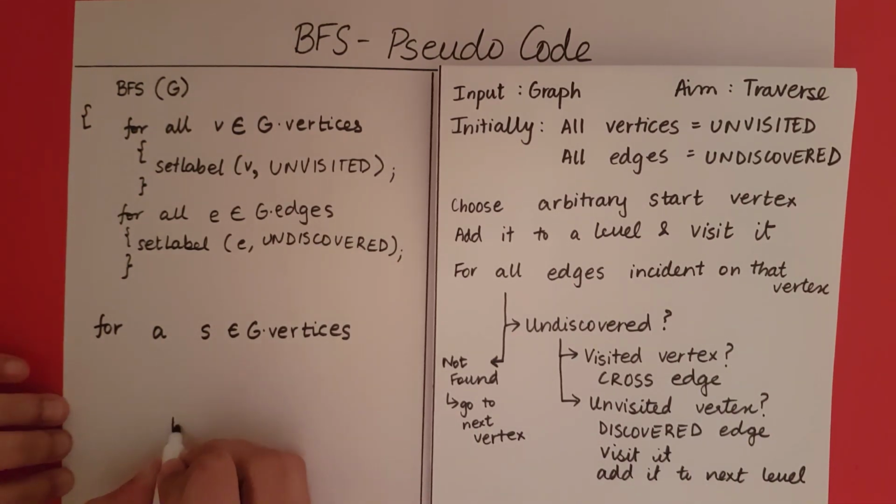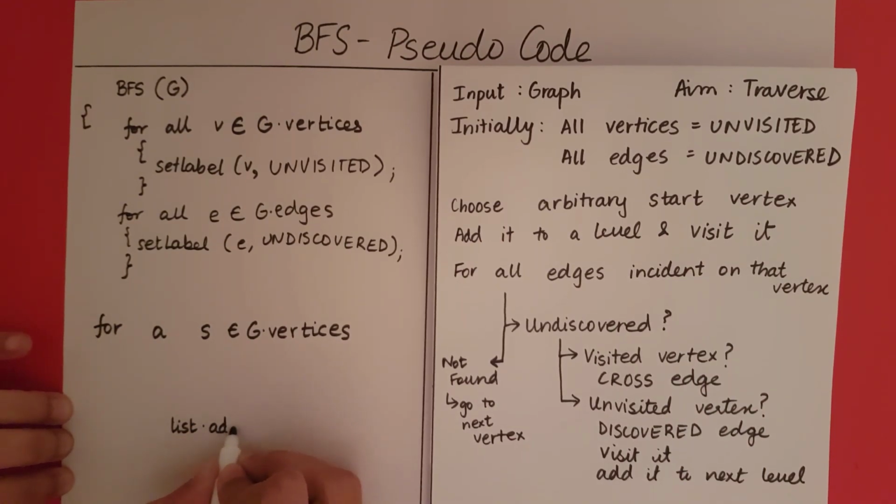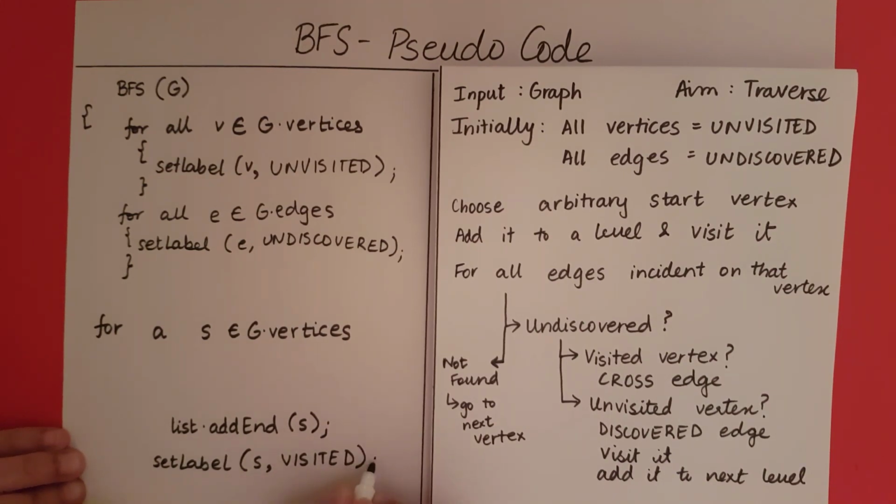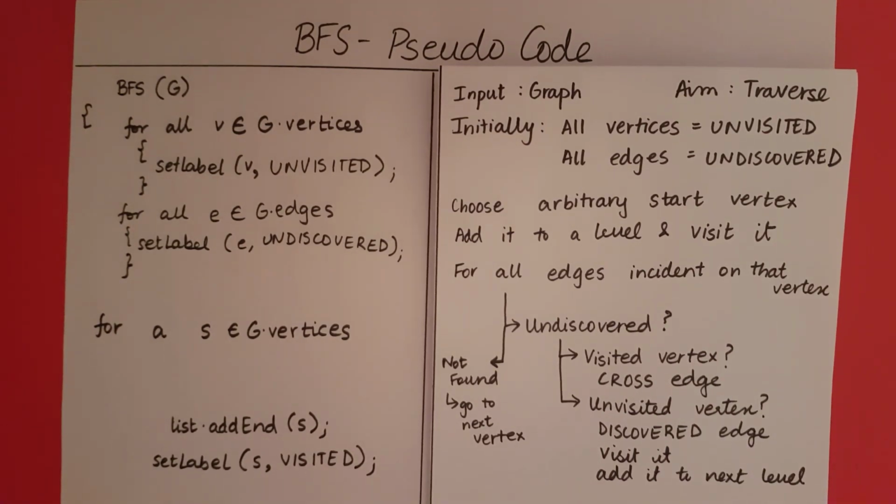So I'm going to add to the end of the list the vertex S. After that, I am going to visit S. Now, for all vertices in level 0, I'm going to take the vertices one by one and do these steps.